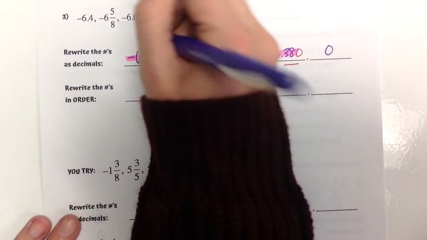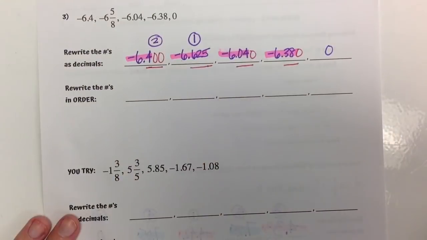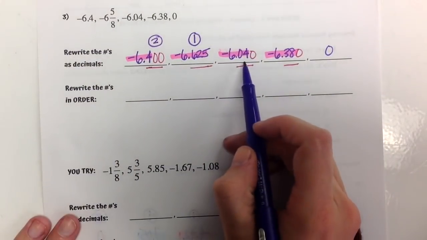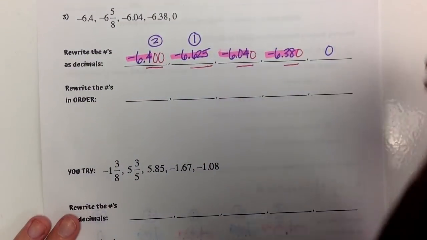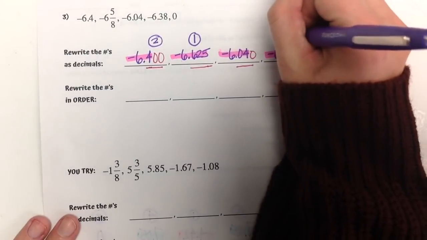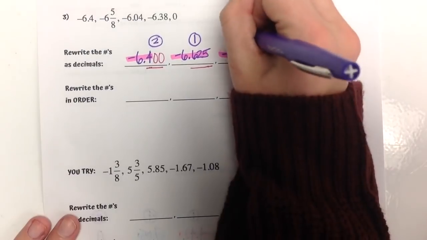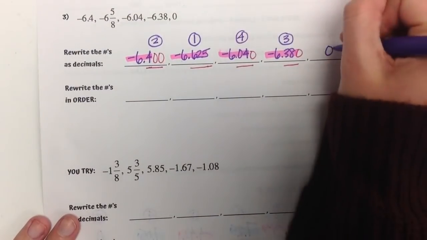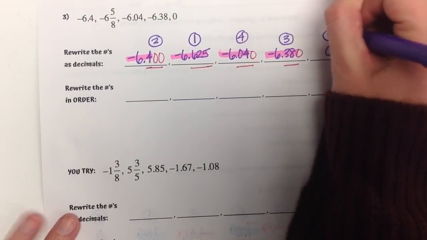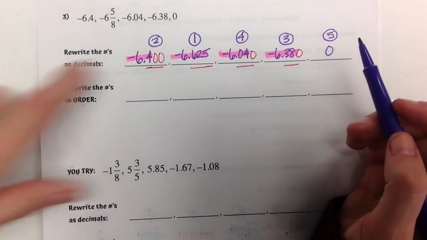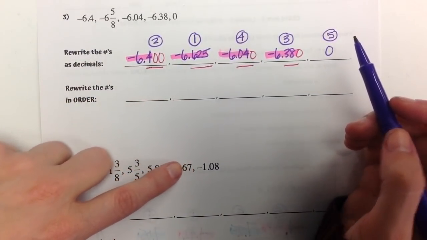The next biggest is 400, so that's going to be our next smallest number. Then we've got 40 and 380. 380 is bigger, so that's a smaller number. And then 40 will be our last one with the negative, and 0, since it's not a negative, will be our final number.